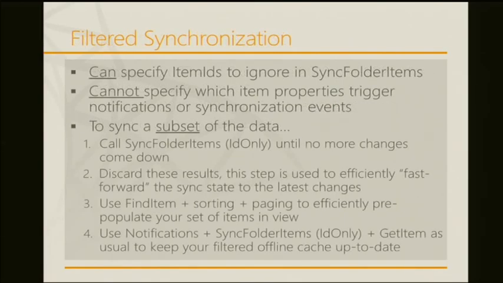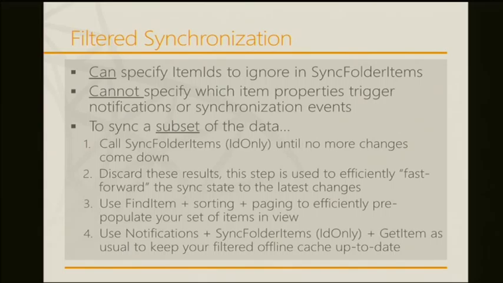So I talked a little bit about ignoring specific item IDs. If you want to go beyond that and do some kind of filtered synchronization, you really can't do that through the schema. There's no real way to do that with sync folder items. So if you only want to sync a subset of data, basically what you want to do is call sync folder items with ID only until no more changes come down. Essentially, you're going to get a sync state value that's up to date, the latest sync state of that folder.